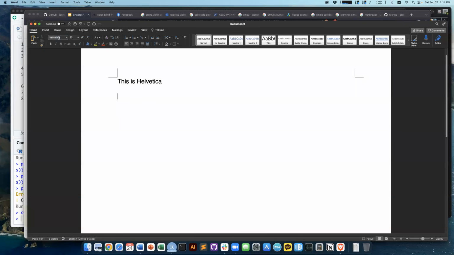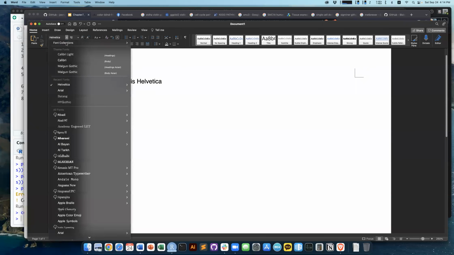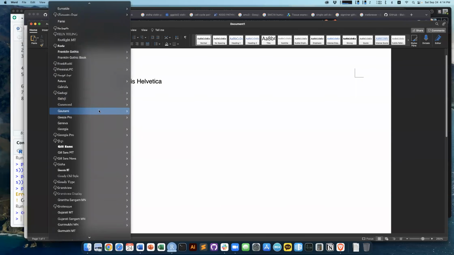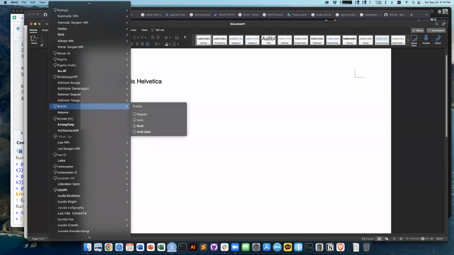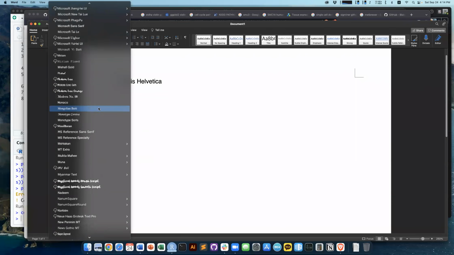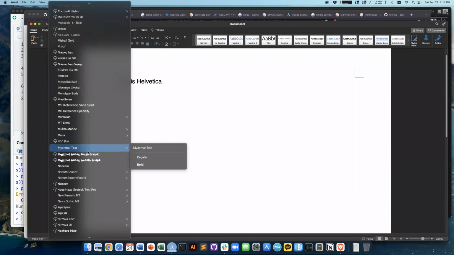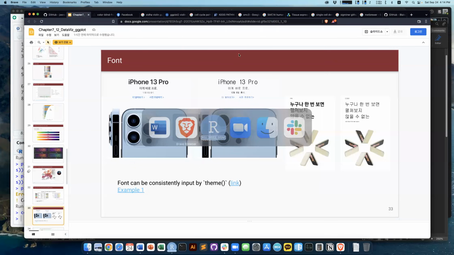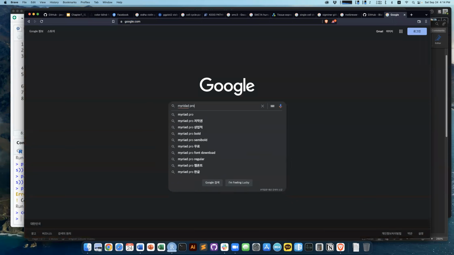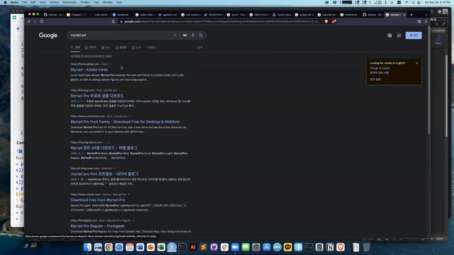And Windows has a really great font as well. I'm not sure whether I have it, because this is a Mac. These days, Windows has, I don't think it's installed here. It's probably installed on your computer. It's called Myriad Pro. I really like this font as well.